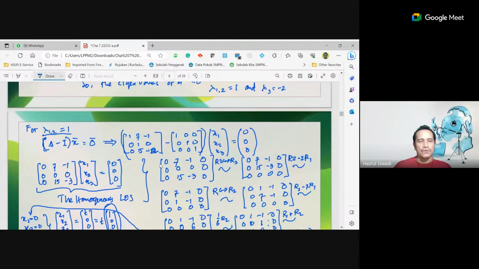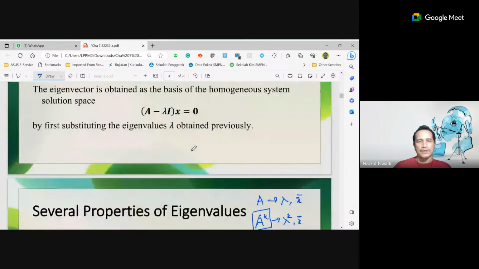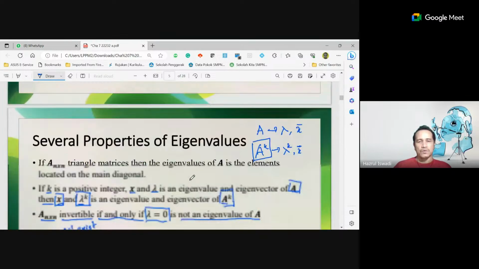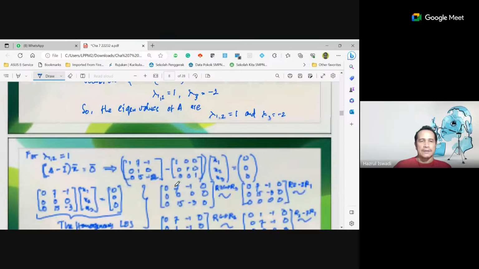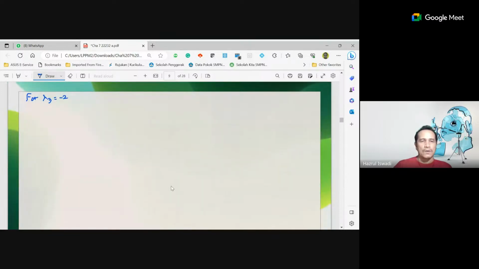I jump into this equation and replace lambda by -2.